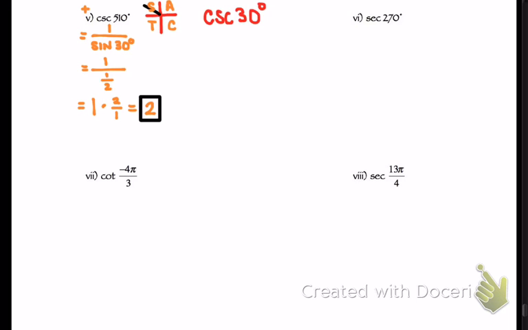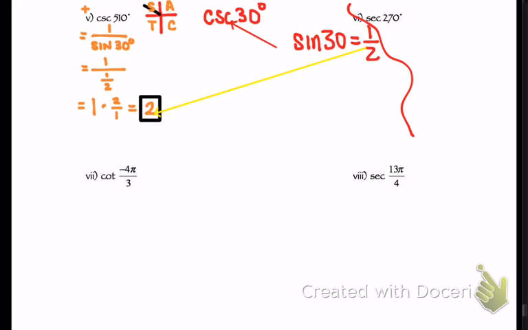So maybe what you can do is say, okay, I know that the sine of 30 degrees is equivalent to 1/2, and I know the cosecant is simply the reciprocal of that, and maybe that's how you'll get 2 over 1 a little bit faster.